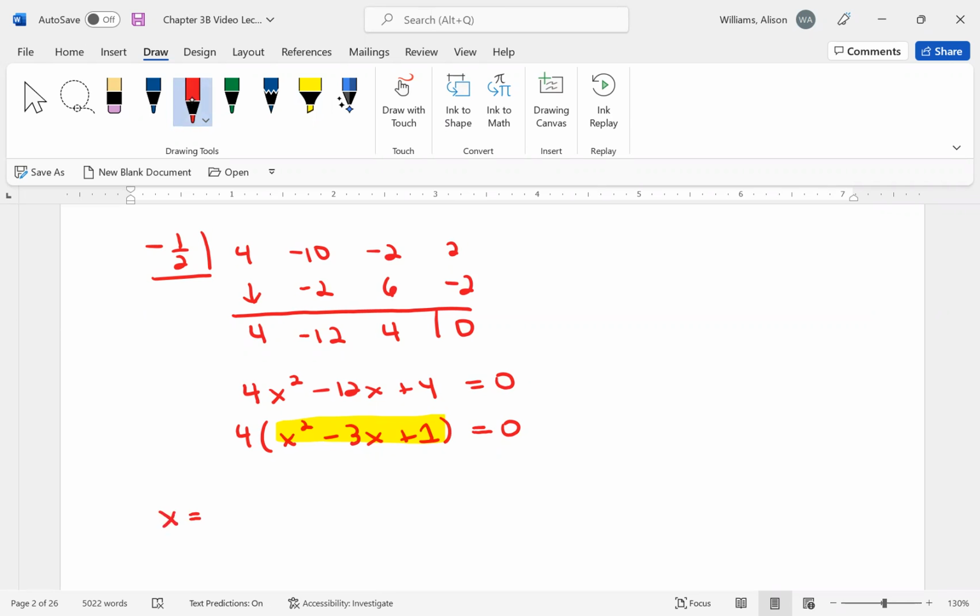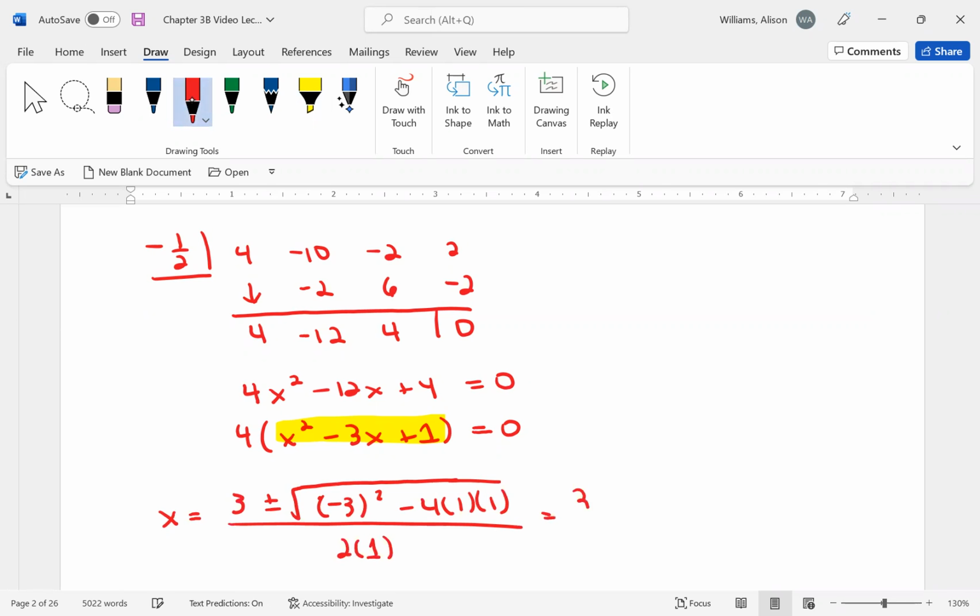Okay, so I get x equals 3, because it's -b, plus or minus the square root of -3 squared minus 4 times 1 times 1, all over 2 times 1. So that's going to be 3 plus or minus the square root of 9 minus 4, which is 5.